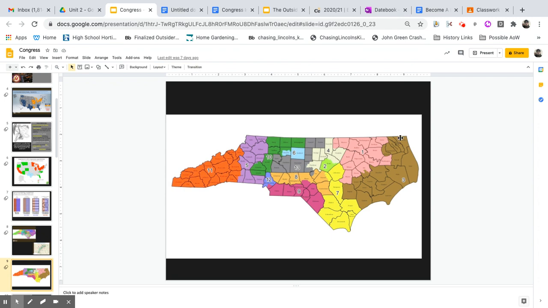But one thing I just want to point out before I leave these maps is that you can see District 3 is enormous. District 1 is enormous. And then District 12 is tiny. But they're drawn that way because it's based on population. So about the same amount of people live here as do here. It's not about the size of the land, it's about the amount of people living there.